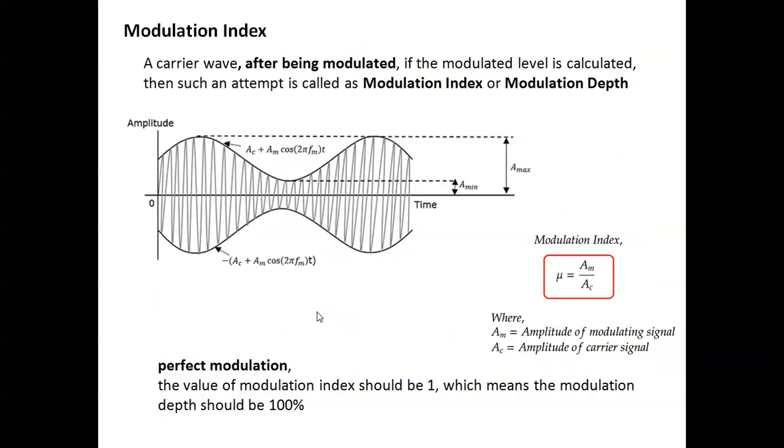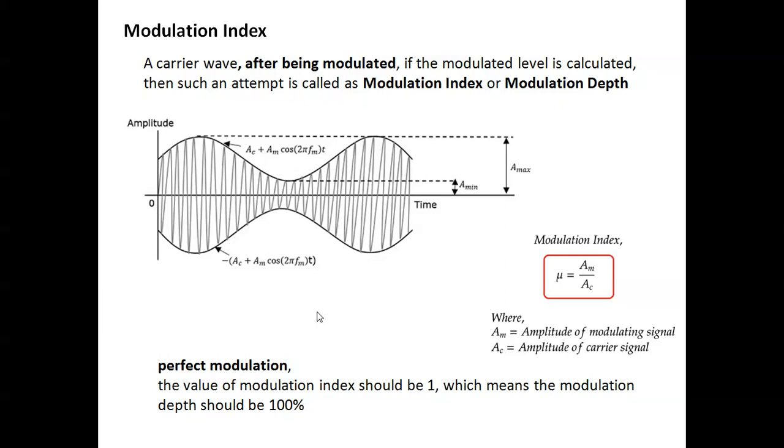Okay, so this is the modulation index. That's the output of the modulated waveform here. So for the modulated waveform, we have modulation index and modulation depth. The modulation index formula we already know, mu is equal to AM divided by AC.